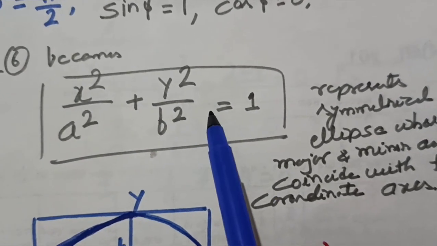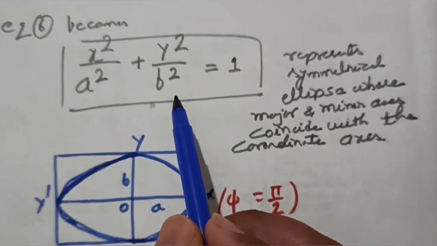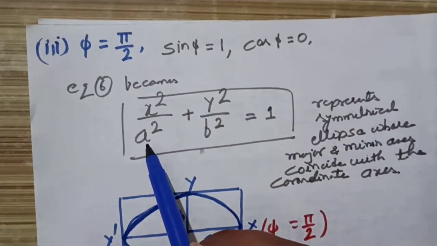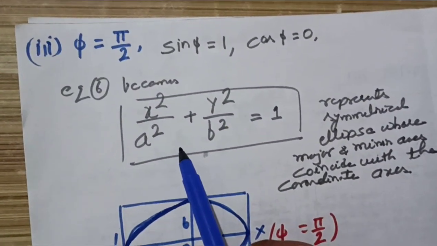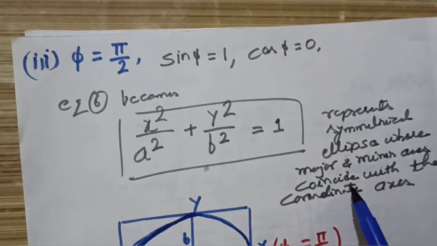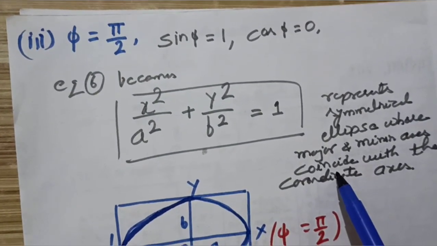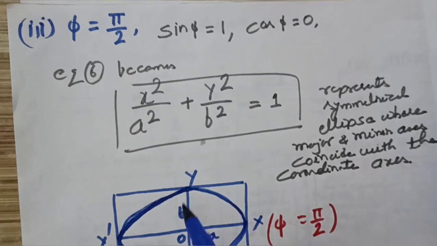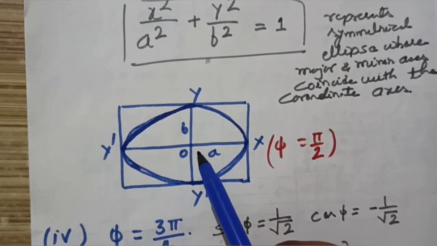What does it represent? It is representing a symmetrical ellipse, whose semi-major and semi-minor axes are A and B, and you can say that they coincide with the coordinate axes.